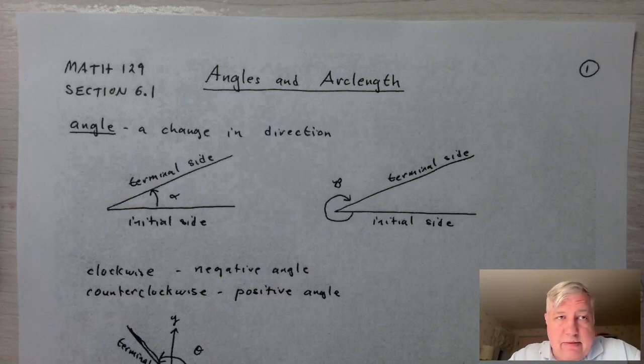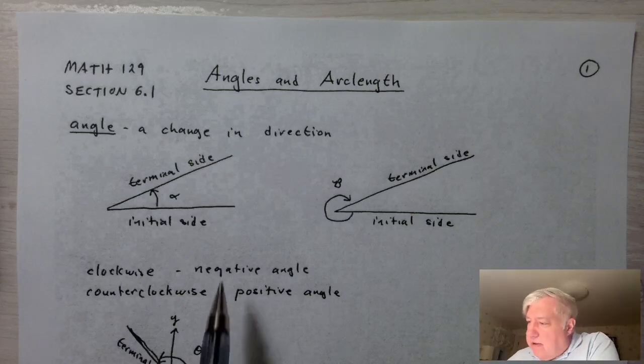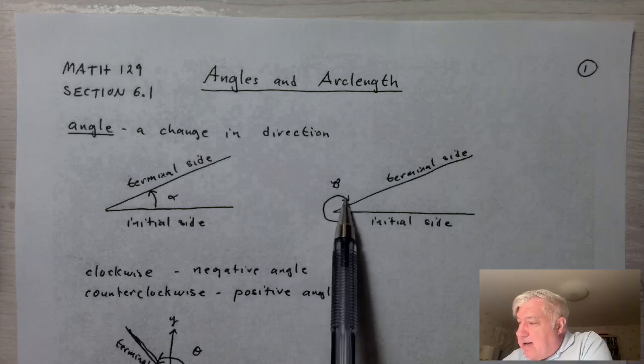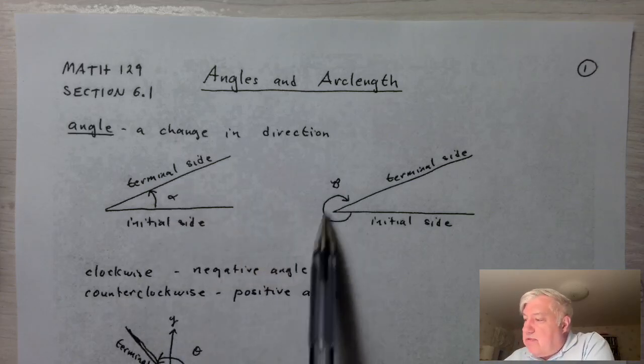So either way, the terminal side in both cases would be the same, but we can see that they're different angles. They're sort of opposites of each other, if you will. Actually, they're not opposites, but they sort of complement each other in the sense that beta minus alpha would be just one revolution.